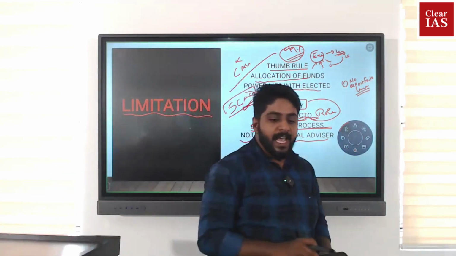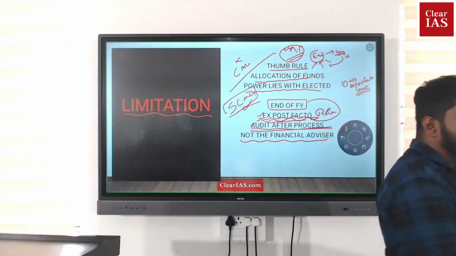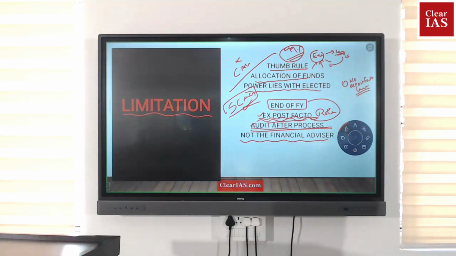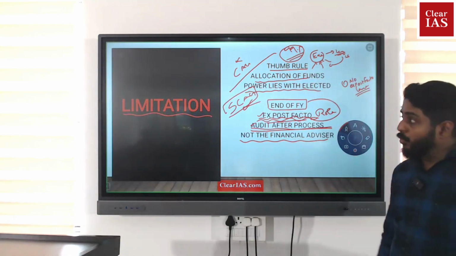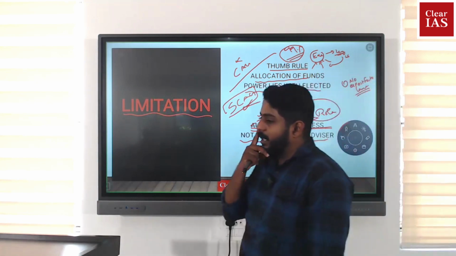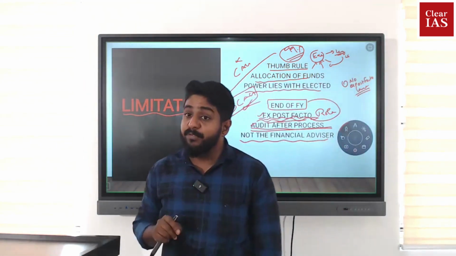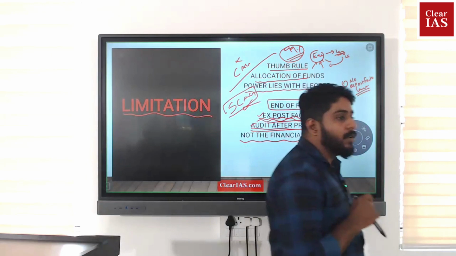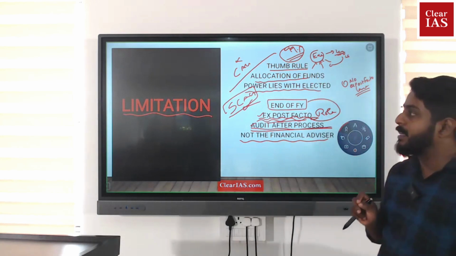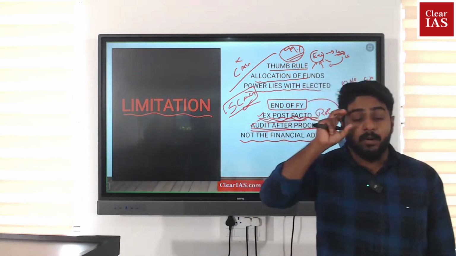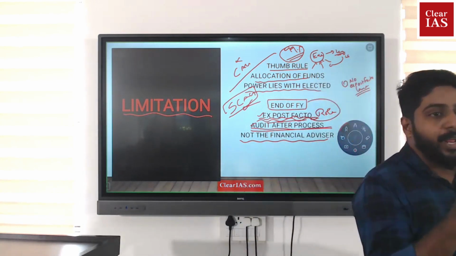UPSC has asked a question for mains regarding the limitation on the office of Comptroller and Auditor General of India. So you need to understand exactly what the Comptroller and Auditor General of India can perform, exactly what he can do. The concept here is very, very important.